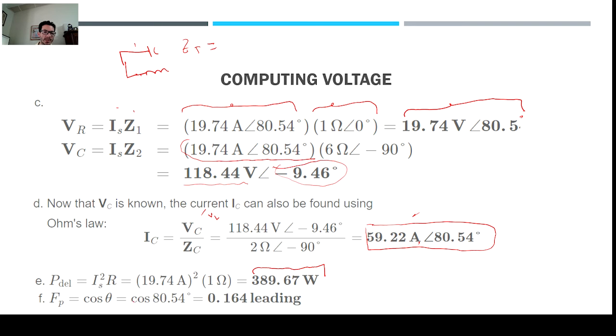And the power factor is nothing but the cosine of the angle you're providing your power with. The angle from the current source is 80.54, therefore the cosine of 80.54 is 0.164, which is a very small power factor.